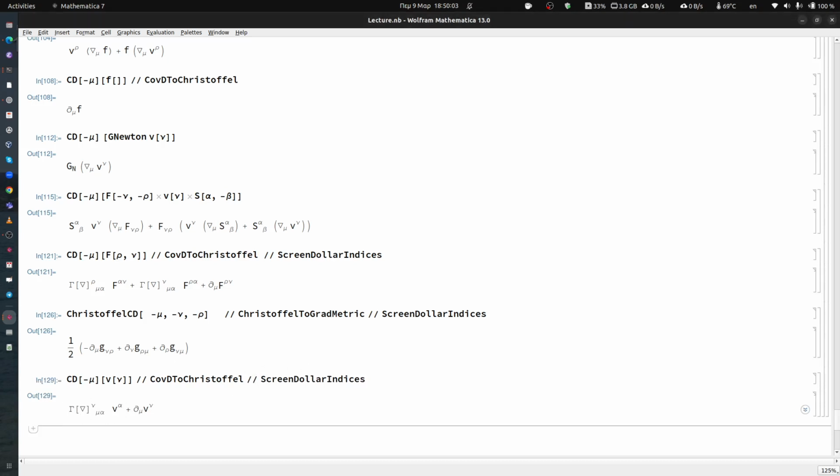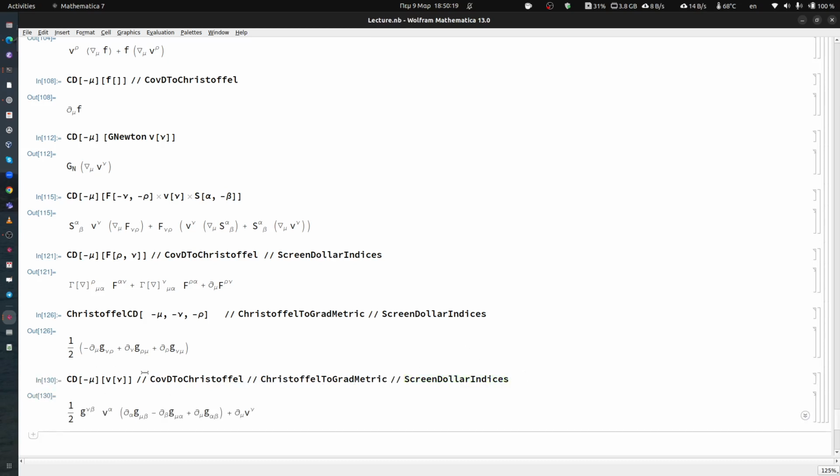And then, if you want to have an expression in terms of the metric, right after the CovDToChristoffel, we add the ChristoffelToGradMetric. And then we have this result here. And we can further manipulate this expression by applying ToCanonical. And then this expression is expanded and put in canonical form.